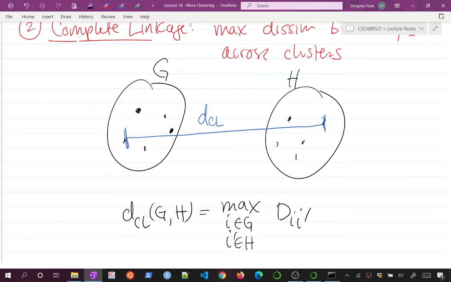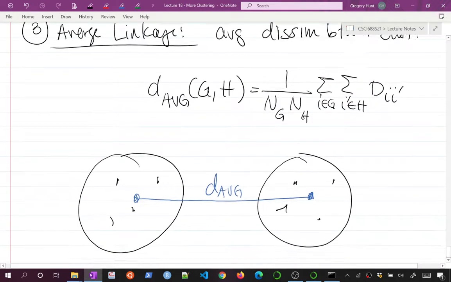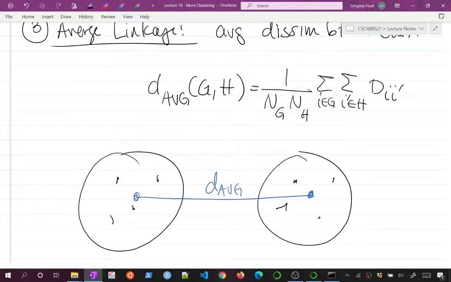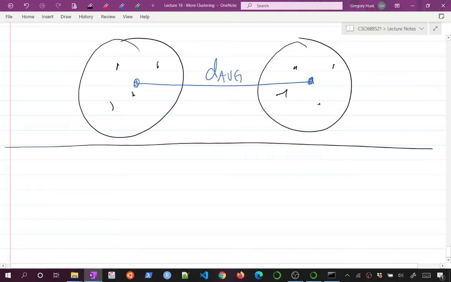Complete linkage says they're close together if all of their points are close together. And average says the typical one is close together. And that's the game. Basically, it's just an optimization problem, a combinatorial optimization problem, where you look at all possible clusters and you calculate the distances and then you merge the ones that are closest together.